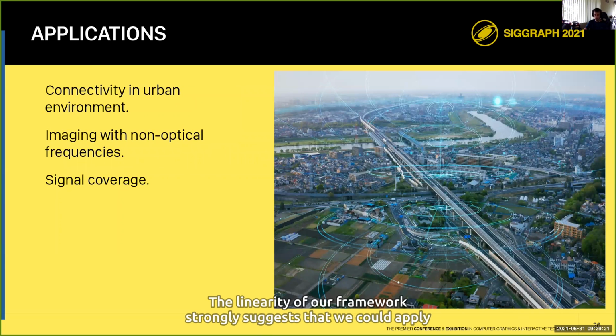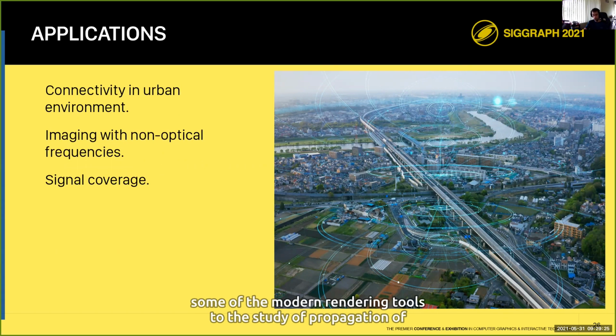The linearity of our framework strongly suggests that we could apply some of the modern rendering tools to the study of propagation of electromagnetic waves in complex environments, like urban settings, where traditional optical tools are simply intractable.